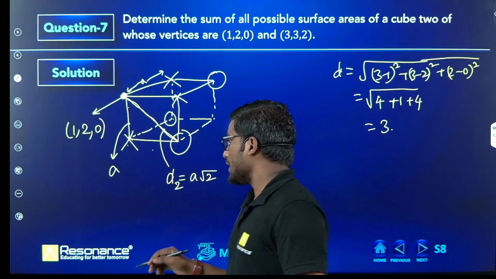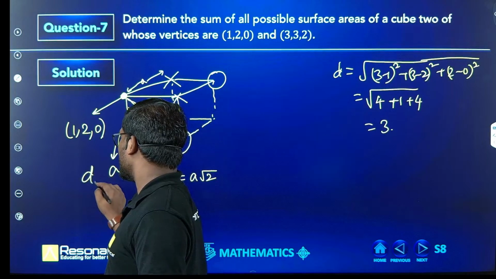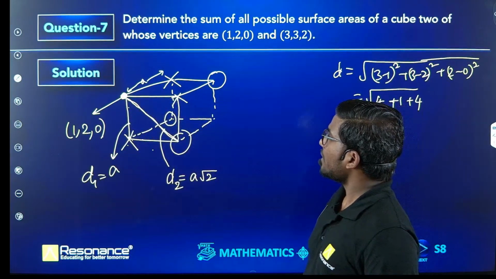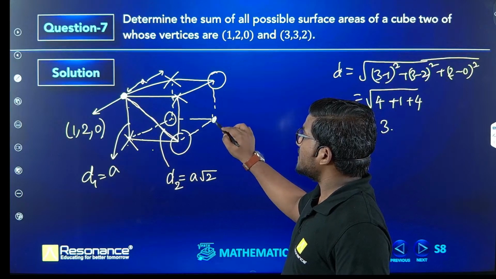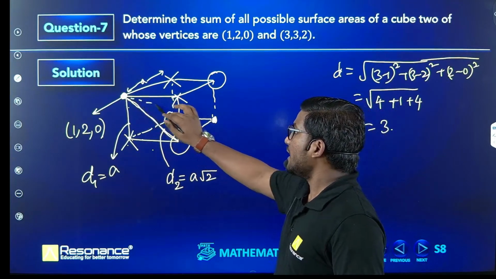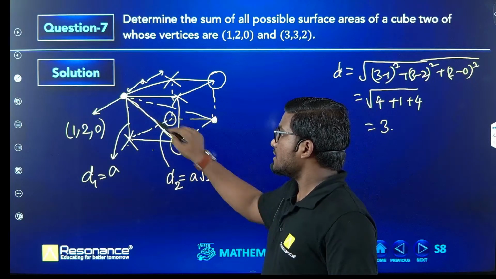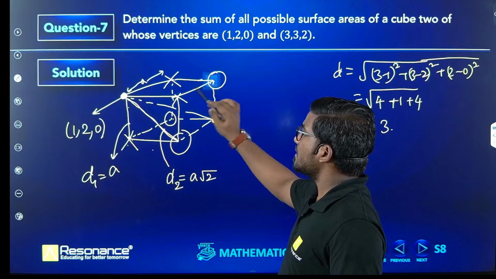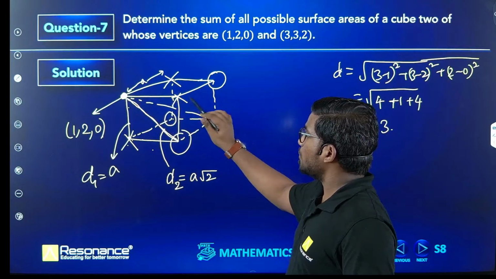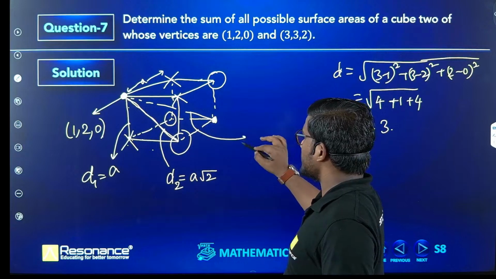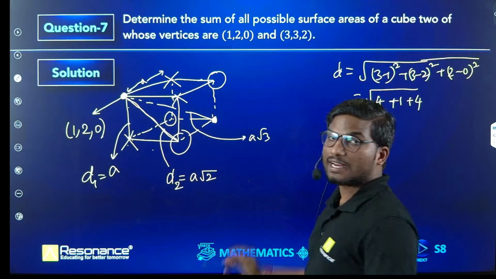Now I would like to name this D2, D1, and if the vertex 3, 3, 2 corresponds to this vertex, this entire thing, because here it is 3 root 2, now the same can be extended to this. So this is A root 2, and since this is A root 2 and this is A, this distance is going to be A root 3, correct?